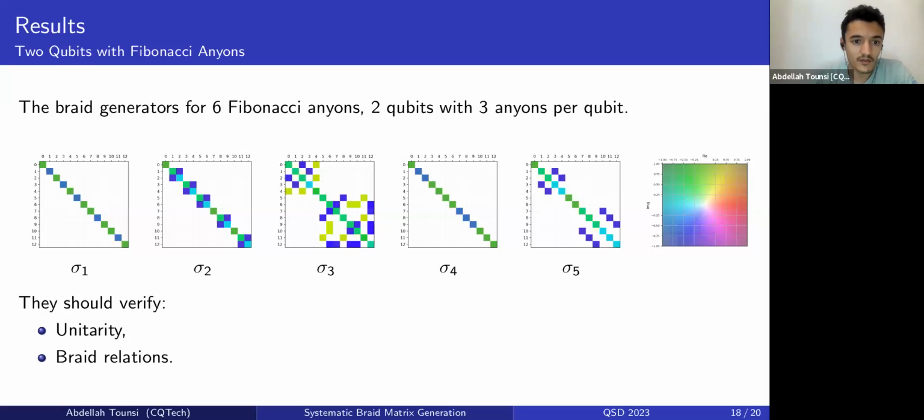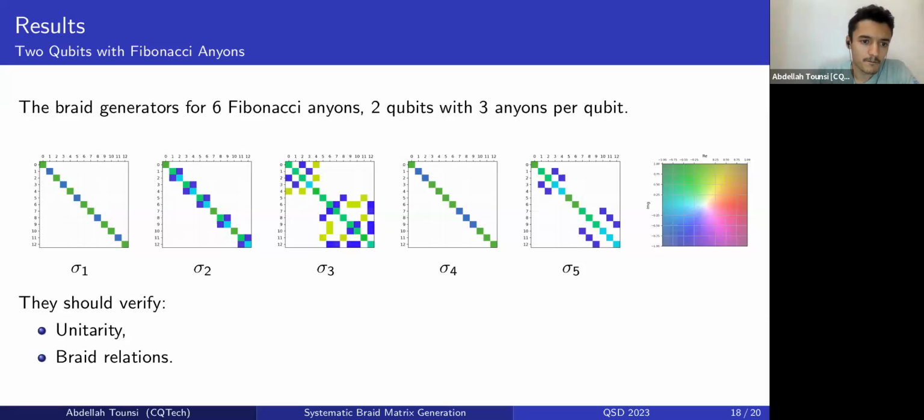The braid generators should be 13 by 13, and we can notice that these braid generators are reducible to 2 sectors, sector 0 and sector 1, as we have seen before. This matrix should verify unitarity and the braid group algebra.